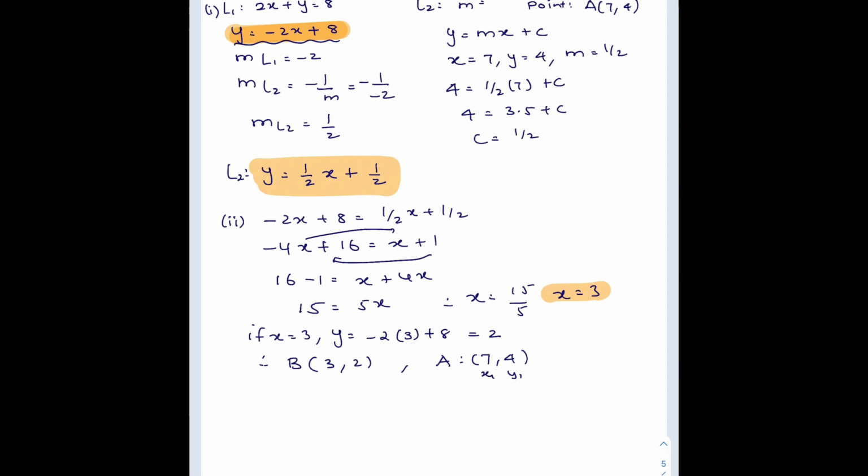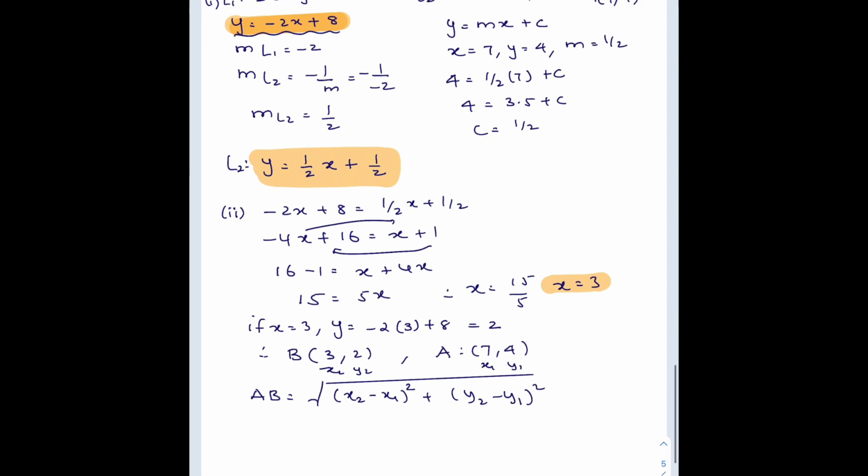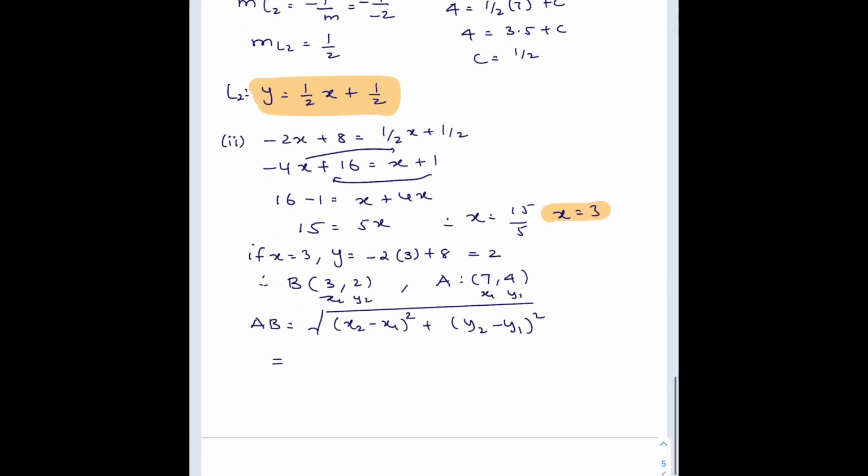And we are given A is (7, 4). So x1, y1, and x2, y2. So for length AB, the formula is the square root of (x2 minus x1) squared plus (y2 minus y1) squared. Alright. So I'm writing square root of (3 minus 7) squared plus (2 minus 4) squared.